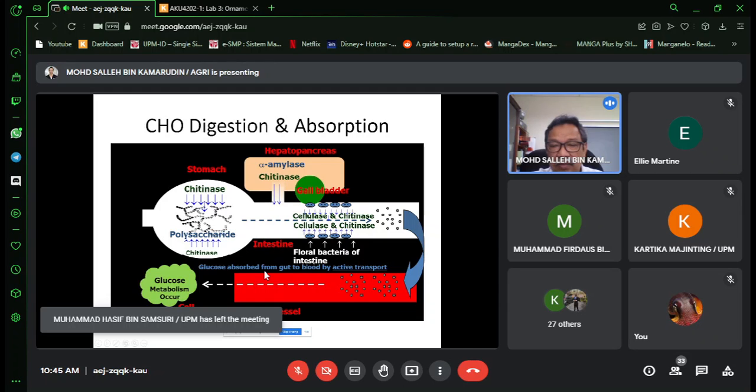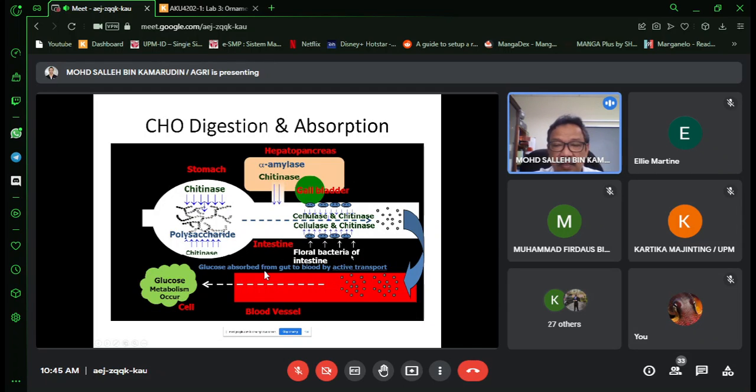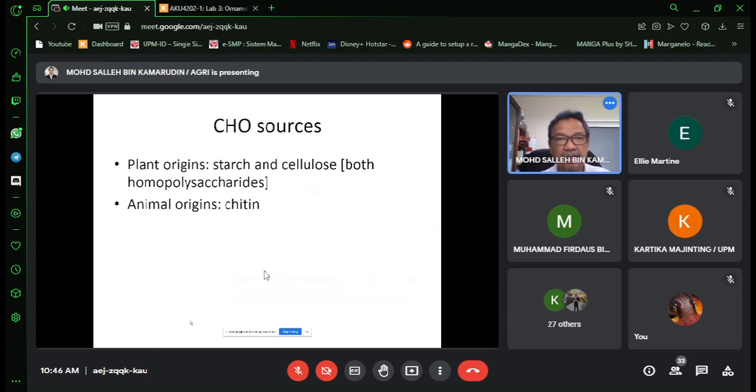Tadi dikata juga flora of bacteria dalam intestine, dia biasanya menghasilkan juga cellulase untuk sebahagian, tak semua ya. So once it becomes glucose, dia masuk balik ke blood vessel. Right.